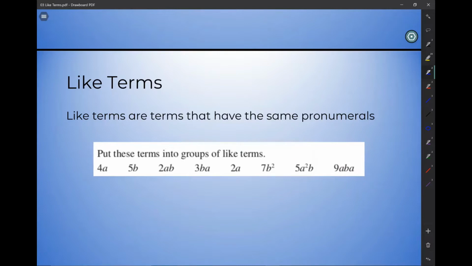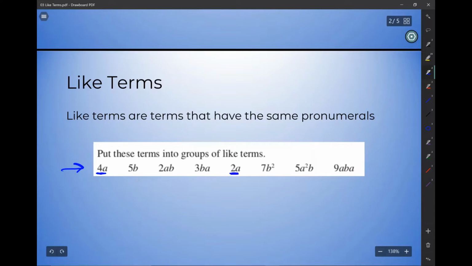Okay, so let's look at this set of terms I have here and see if we can put them into groups of like terms. Let's start with the first term, 4a. Now we're looking through the set of terms for anything that has the same pronumerals as 4a.